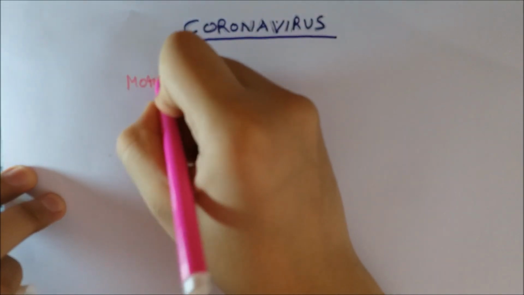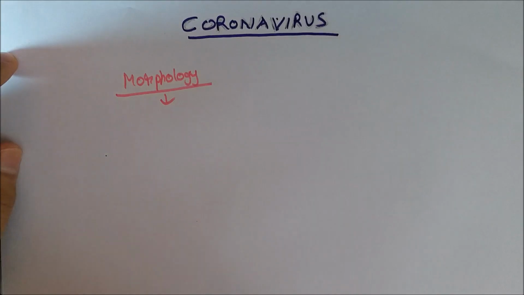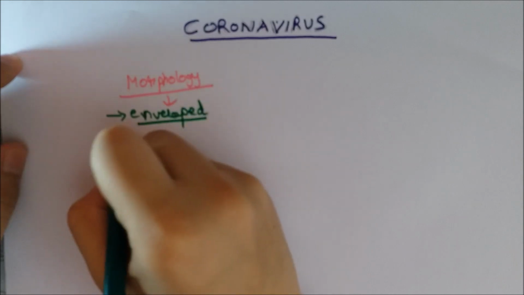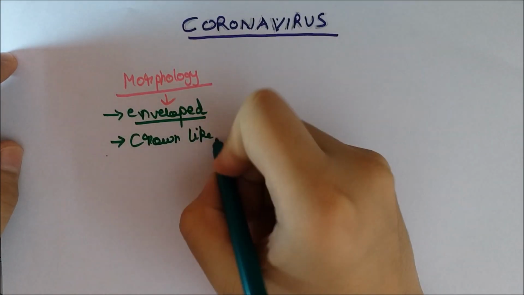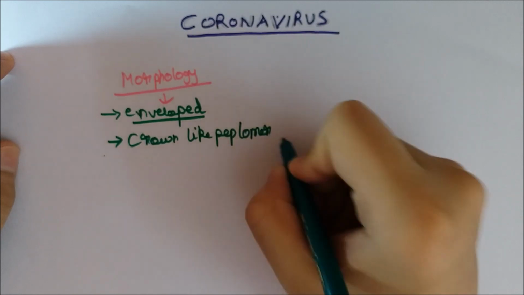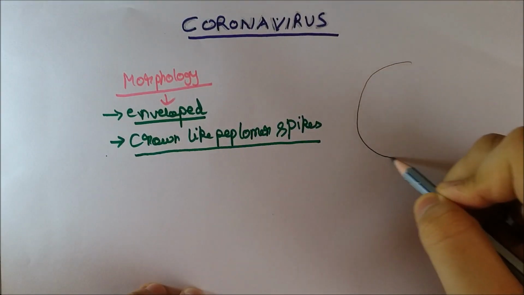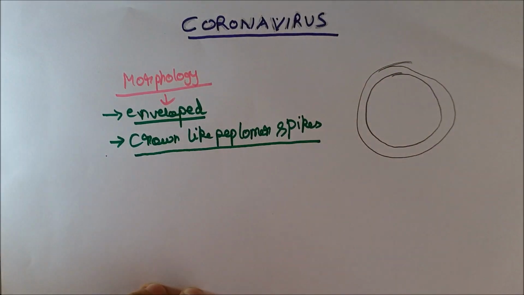Now, coronavirus is an RNA virus, which means its genomic material is RNA. Considering the morphology of coronavirus, we can say that it's enveloped and it contains crown-like papilloma spike proteins on its outer envelope. Let's draw the diagram of coronavirus.